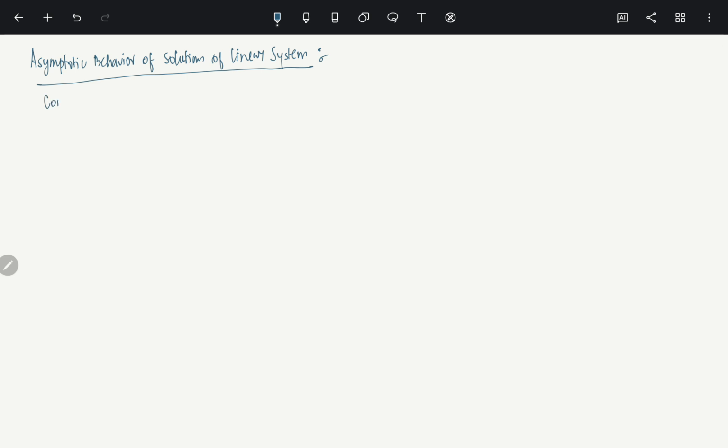So consider this problem: x prime equals A x plus b of t, where A is an n cross n constant matrix.